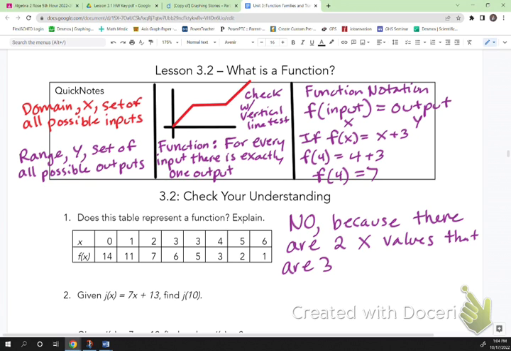We'll circle it in the table. So it has two different outputs. And if you weren't quite sure of this picture, sometimes I recommend people graph it. If I were to make a little sketch at 3, I would have a point at 5, and then I would have a point at 6, and that would fail the vertical line test. It would hit the line twice.